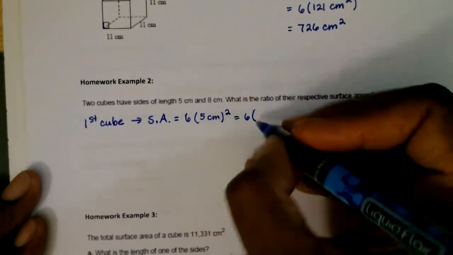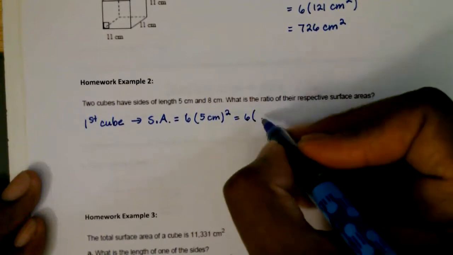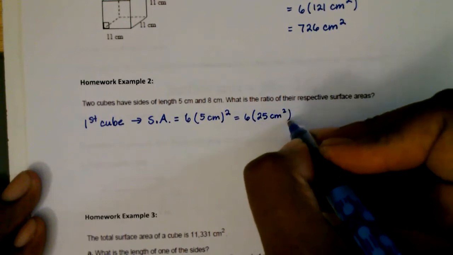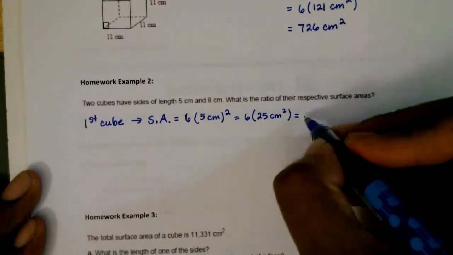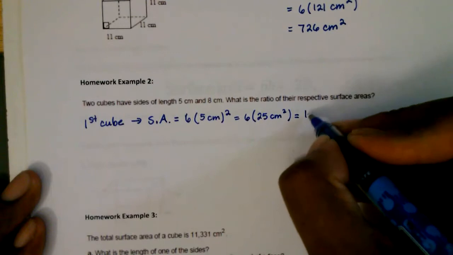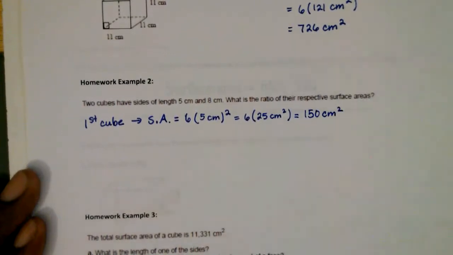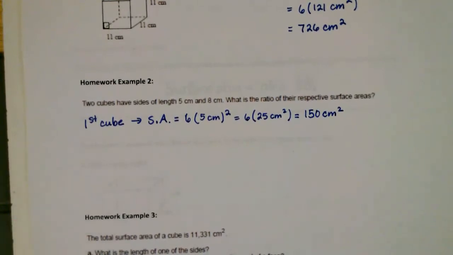So if I square that 5 centimeters, that means 5 squared will be 25, and that'd be square centimeters. And then 6 times 25 would be 150 square centimeters. So the first cube has a surface area of 150 square centimeters.